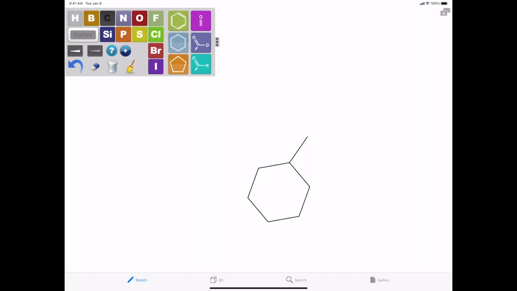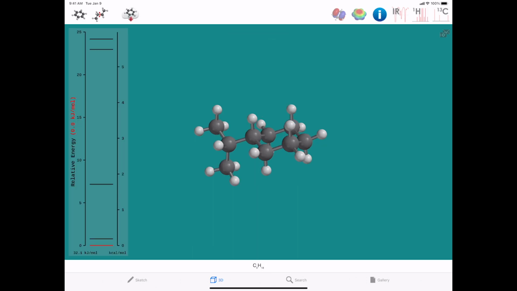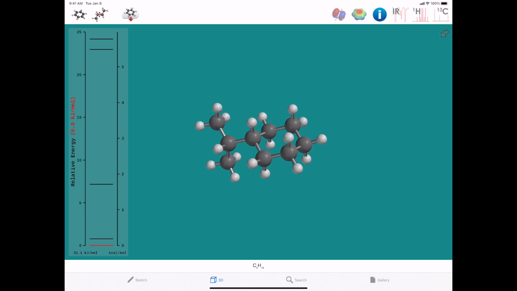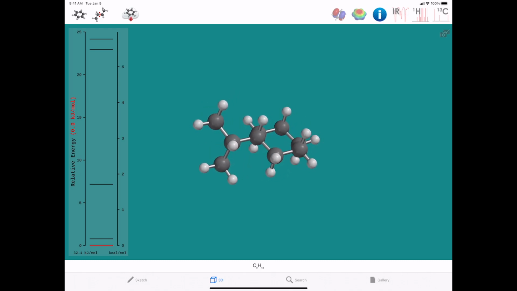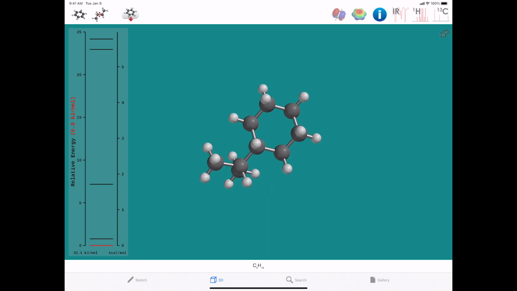So we can alter our sketch a little bit. Let's use, say, isopropyl, 2 carbons. And now it's giving us things to do with different conformations for the groups that are not on the ring.